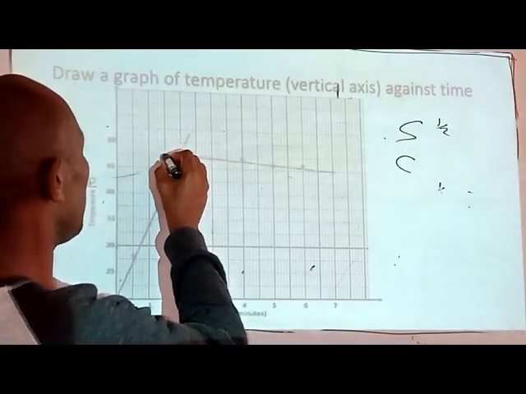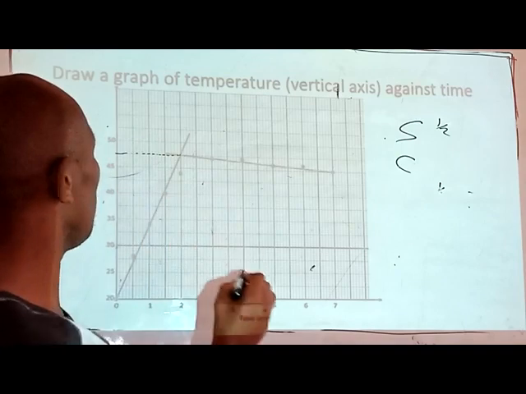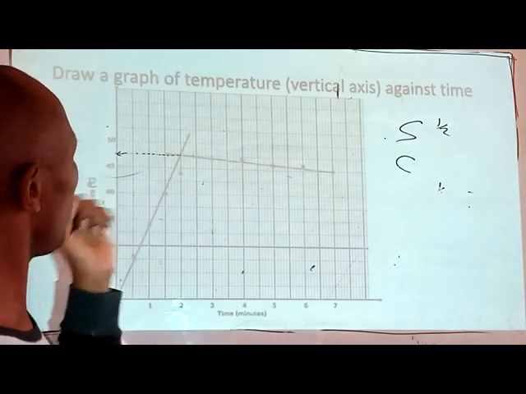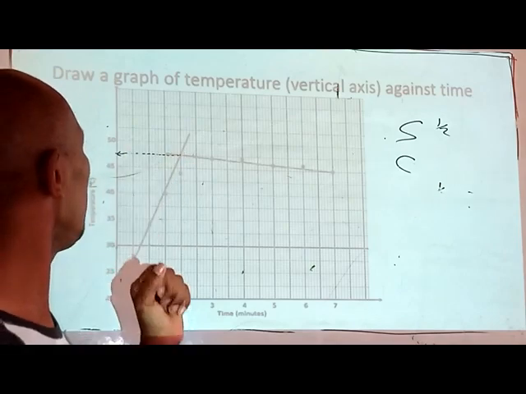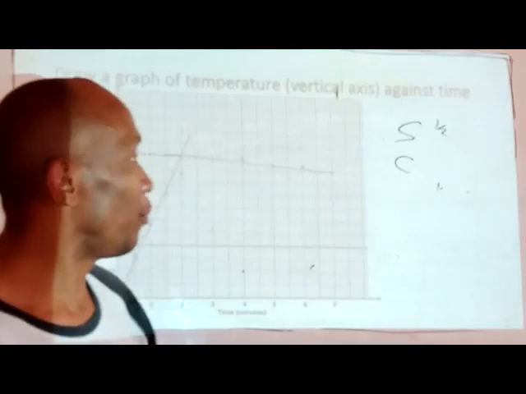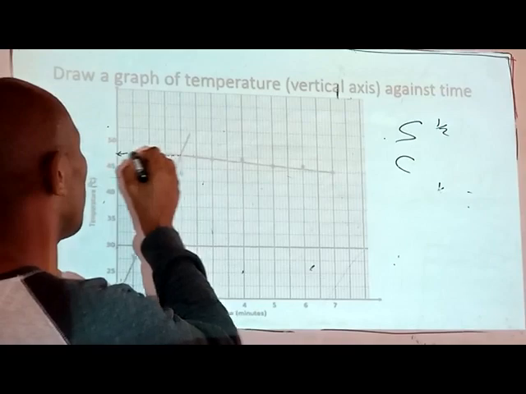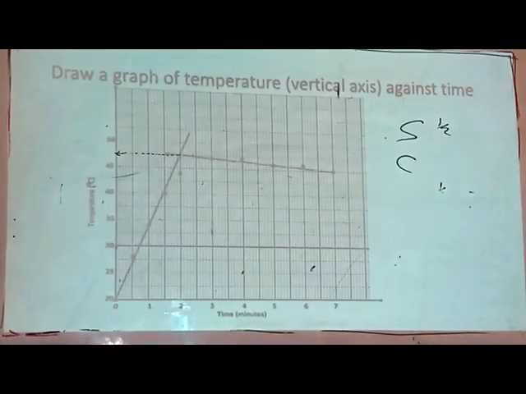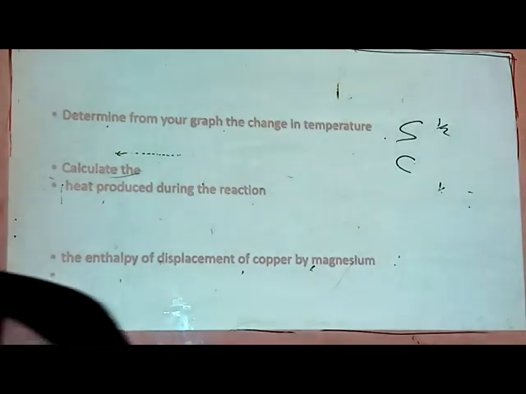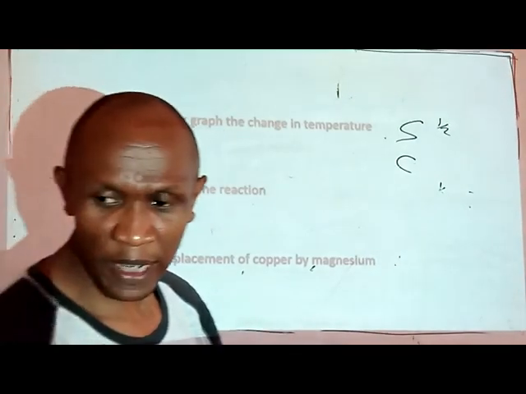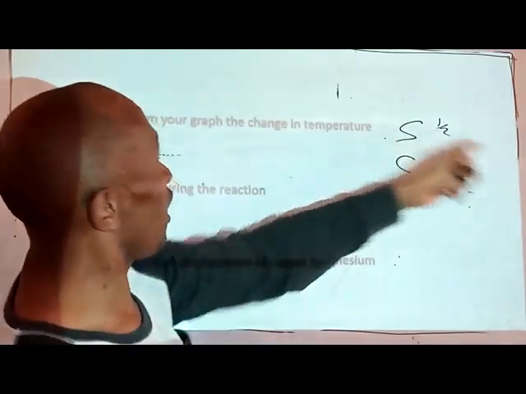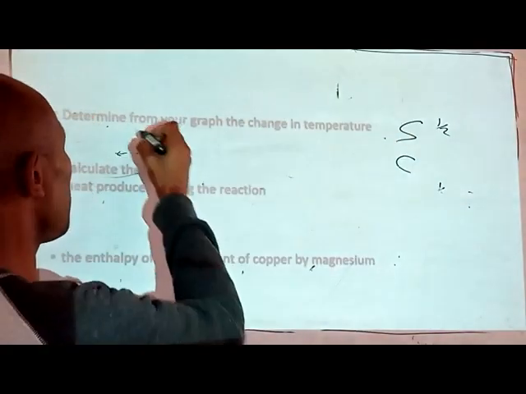So I said before that you need to show it. That is exactly 47.5. So from the graph, I've read 47.5 as my maximum temperature. Now, answering the question: determine from your graph the highest change in temperature.